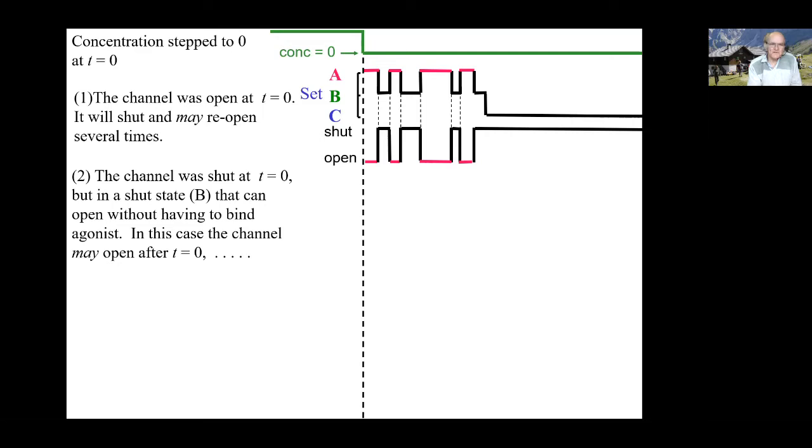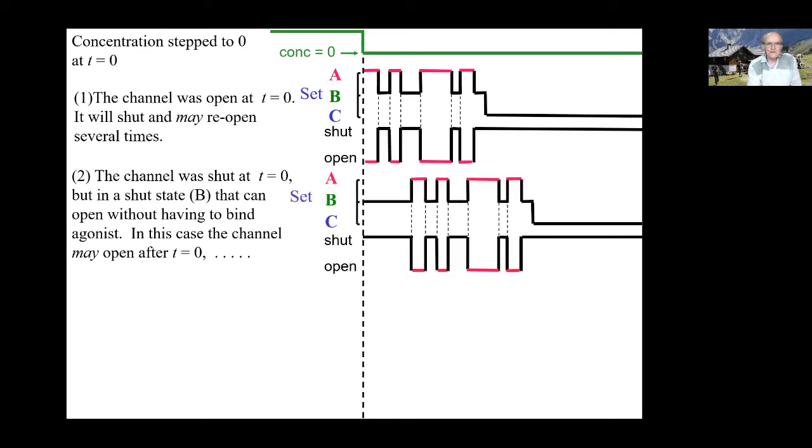If the channel was shut at t equals 0, but in a shut state that can open without having to bind agonist, then we would see something like that. It was in a B state initially. It may then reopen even with zero agonist concentration, and may open and shut several times before eventually the agonist dissociates and gets trapped in the C state.